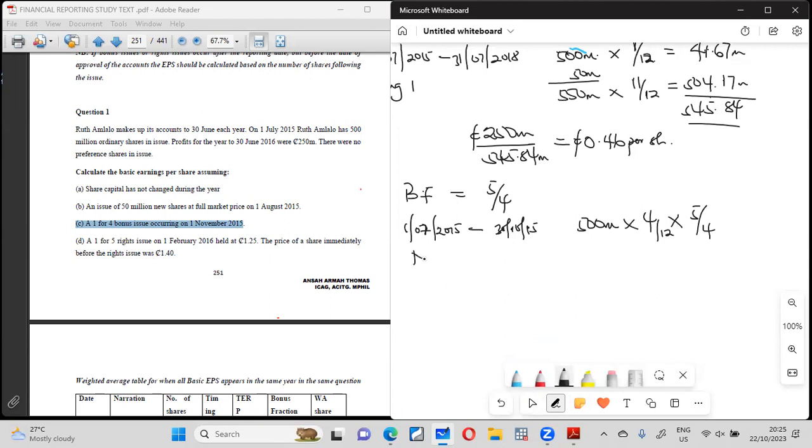Then in November, they did the issue. We had 500 million there, and for every 4 we have, they are giving an extra 1. So how much did you get for that? 125 million. So 125 million gives us 625 million. And we are going to multiply that by 8 over 12.